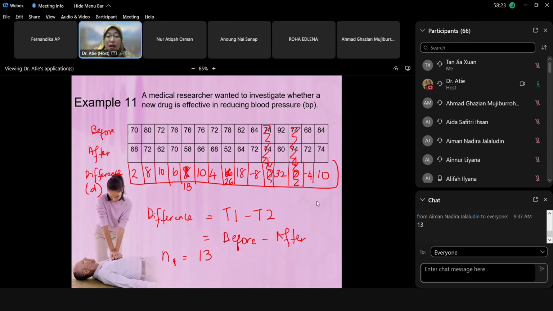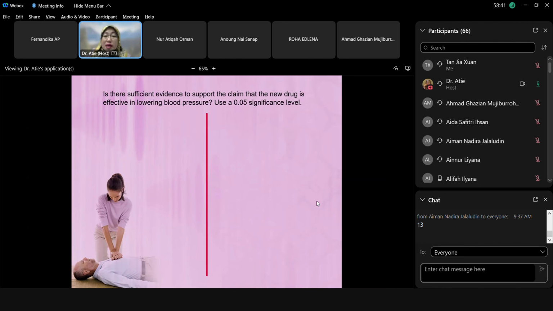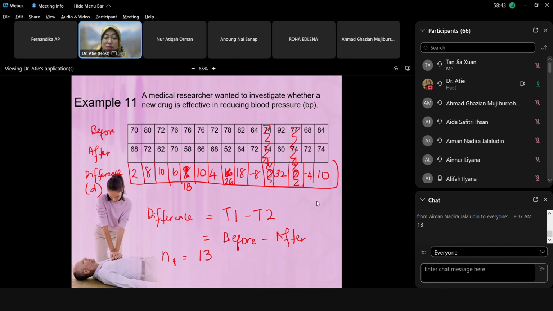And don't forget, when it comes to a negative number, you need to put negative 8 plus negative 4 plus. You cannot miss the negatives. So can you please do it now? And then tell me the mean and also the standard deviation that you got from your calculator.